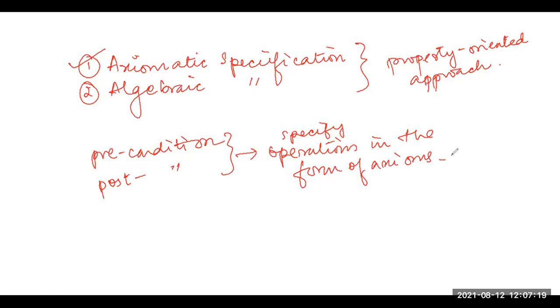What are the precondition and the post-condition? The precondition is basically the conditions that must be satisfied before an operation can be successfully invoked. Suppose in order to take admission in a BTech college, you need to be 12th pass and you need to have physics, chemistry, maths in your 12th. This is a precondition.